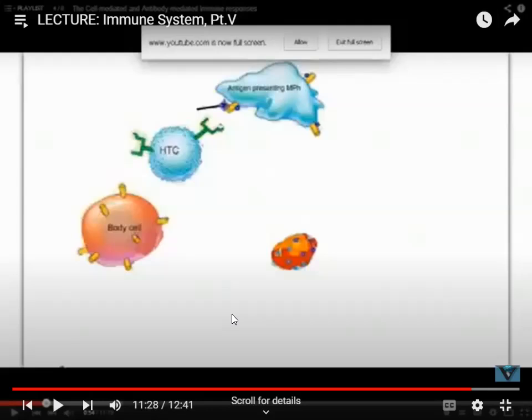Very good. The CD8, which is found only on cytotoxic T cells. So it's the T cell that has the CD8 receptor, and it's the infected cell that has the class 1 MHC. Maybe that's what's been confusing. It took me a while to get that too, but that's how you match up the terminology.